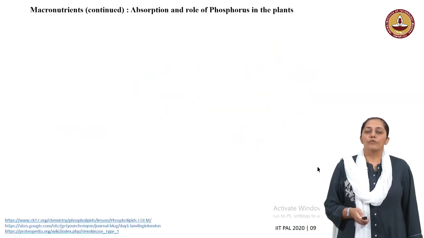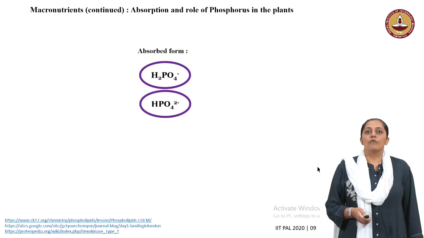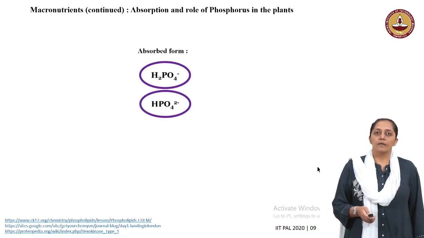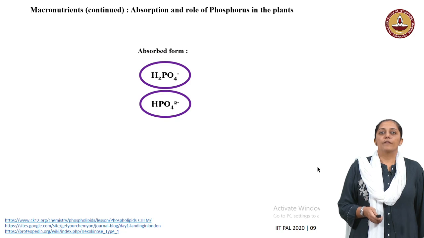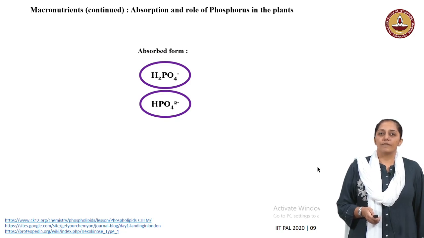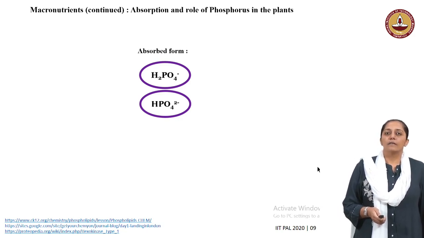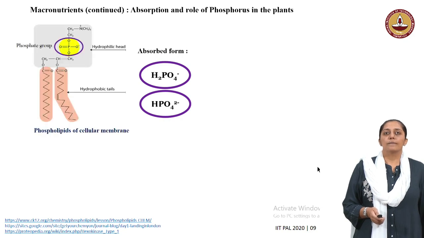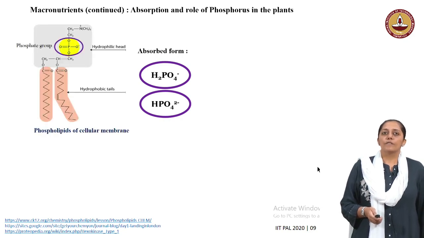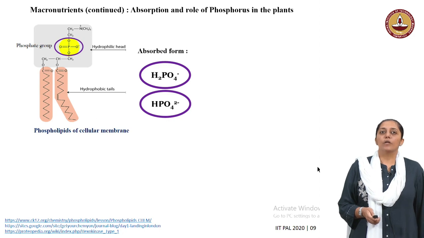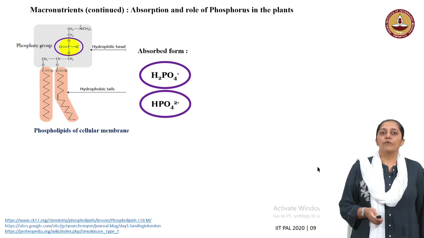Coming to phosphorus. Now, phosphorus is absorbed in the plant in the form of dihydrogen phosphate ion and hydrogen phosphate ion. Phosphorus is included in biomolecules in the form of phosphate groups like the structure of phospholipids shown here in the cellular membranes. If you see, the phosphate group has been circled in purple here.